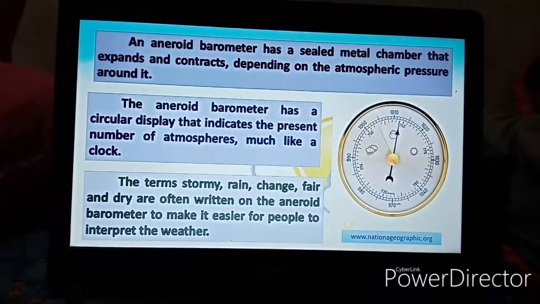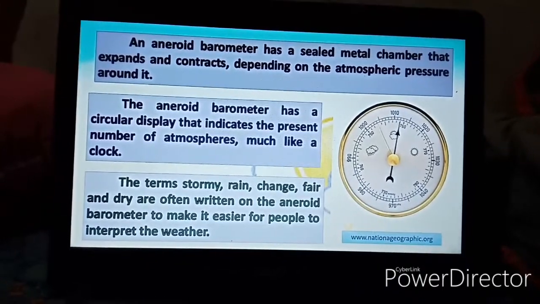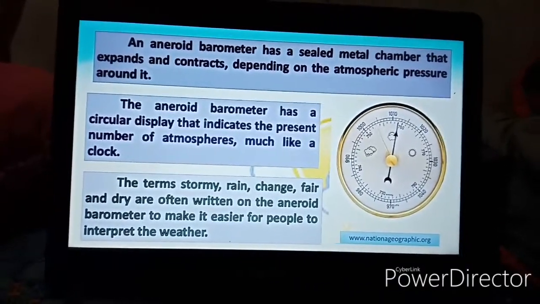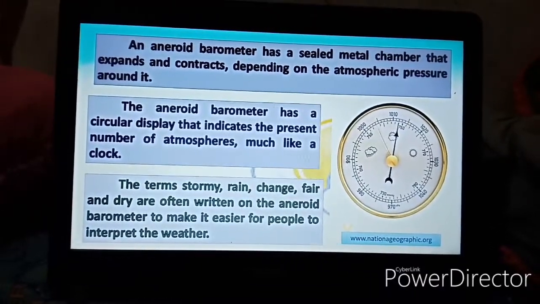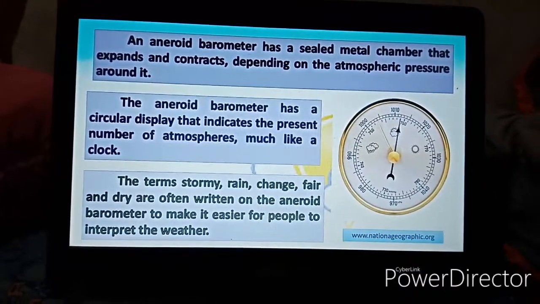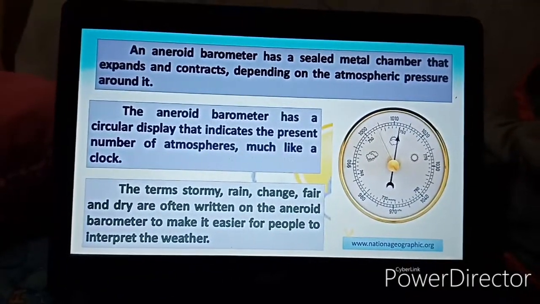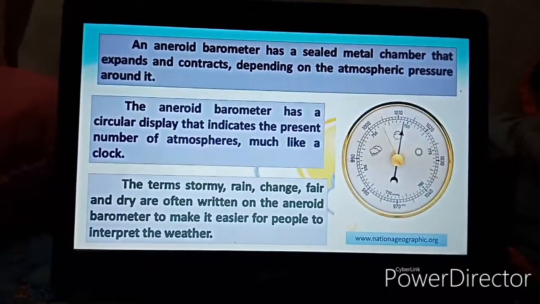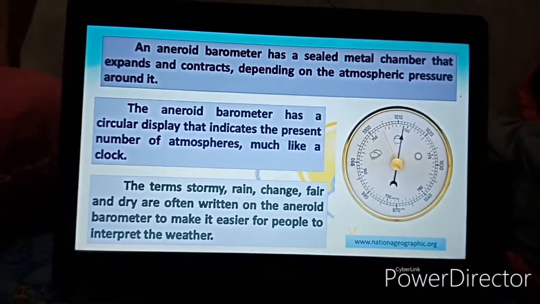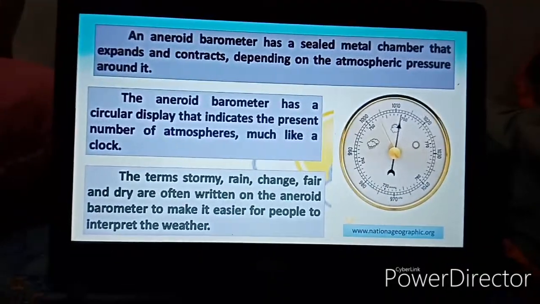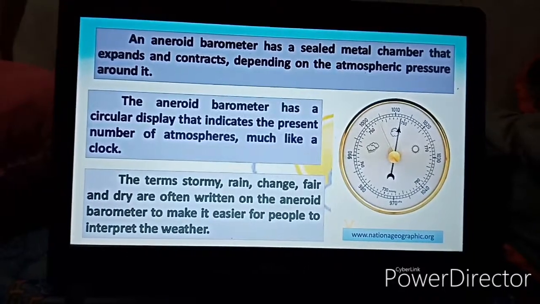The aneroid barometer slowly replaced the mercury barometer because it is cheaper to buy and easier to transport, since it has no liquid that could spill. And in order to record and track the changes in atmospheric pressure, some aneroid barometers use a mechanical tool to see the changes in atmospheric pressure over a period of time.